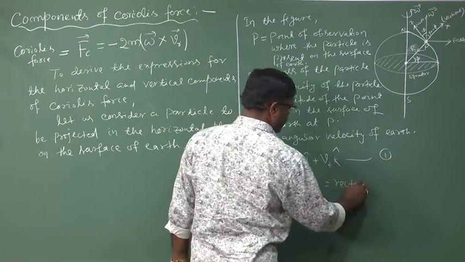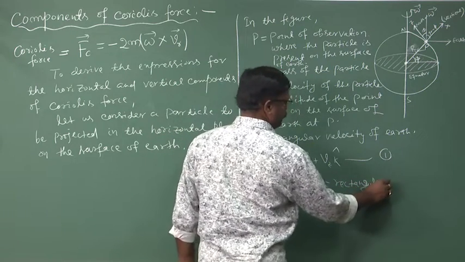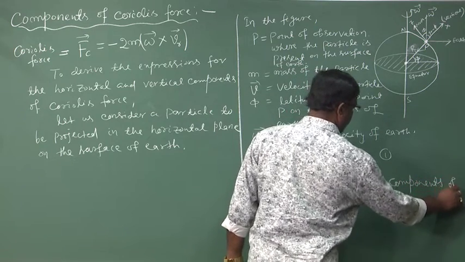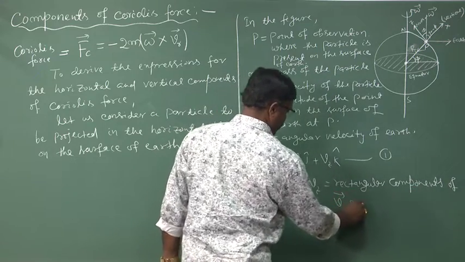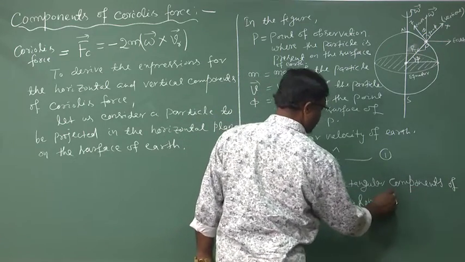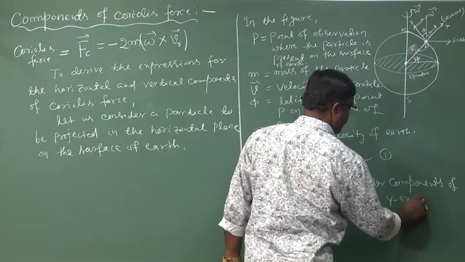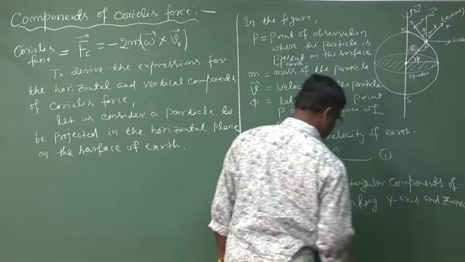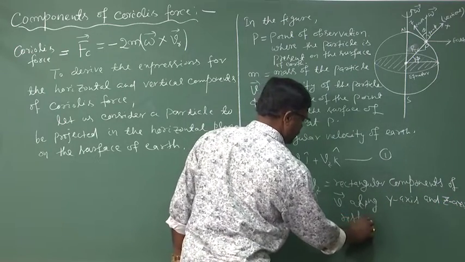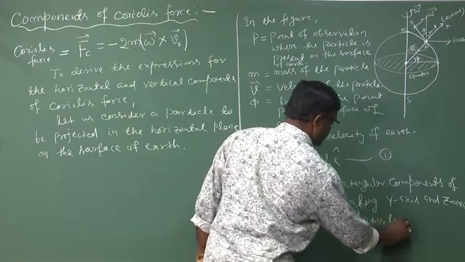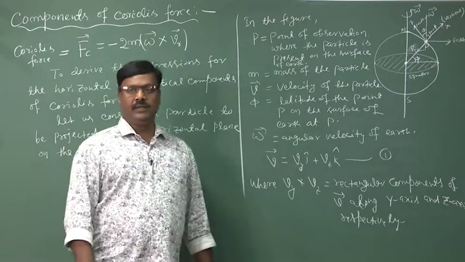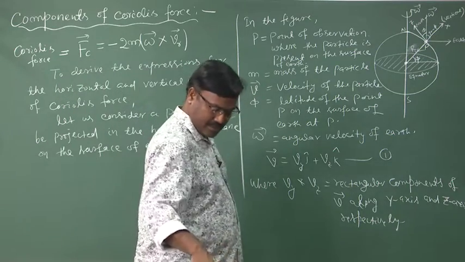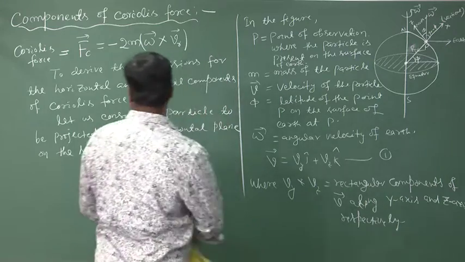Vy and Vz are the rectangular components of V vector along y axis and z axis respectively. And the components of omega will be expressed.